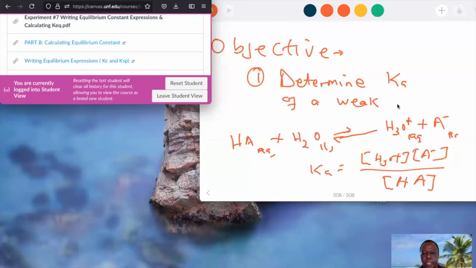This is not the case. I don't want you to think that this is what I learned in class and I should use this. I know you can use this to calculate, but experimentally, we will determine the Ka of the weak acid.